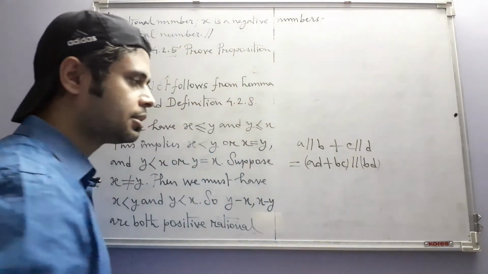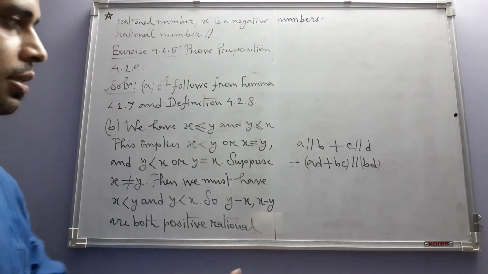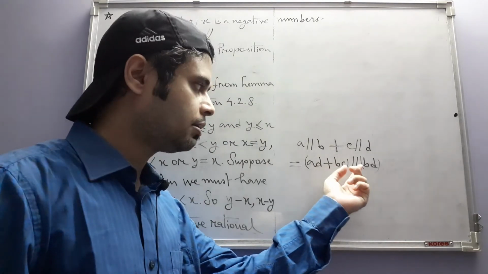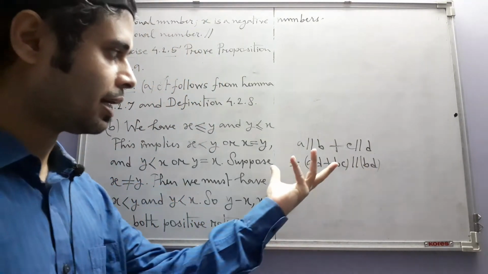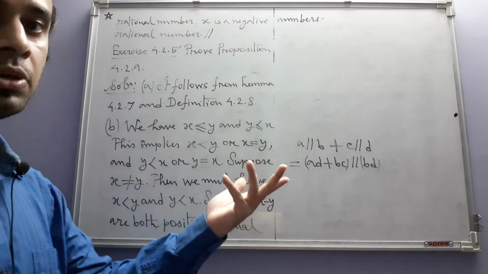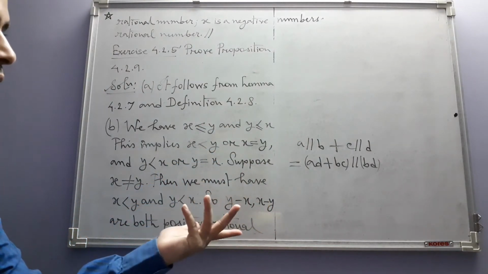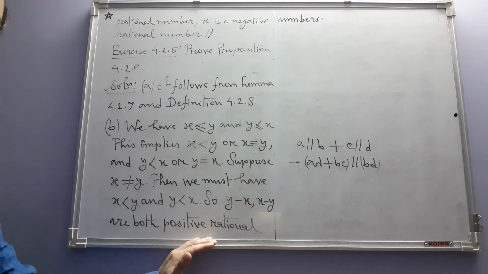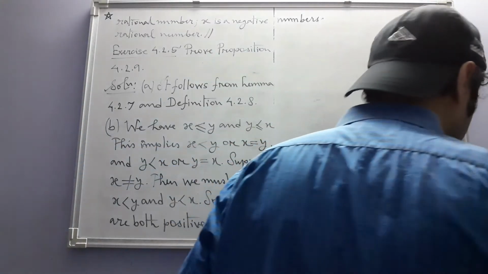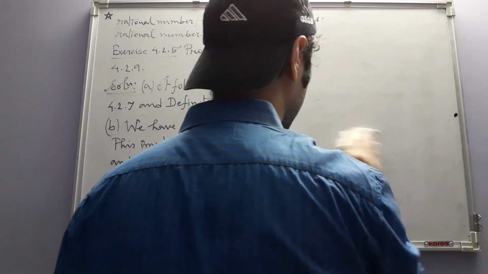Since a, b, c, d are all positive integers, ad plus bc is a positive integer and so is bd. That means the sum itself, again by definition 4.2.8, is a positive rational number. That is, if we add two positive rational numbers, we again get a positive rational number, and we are going to use that here.